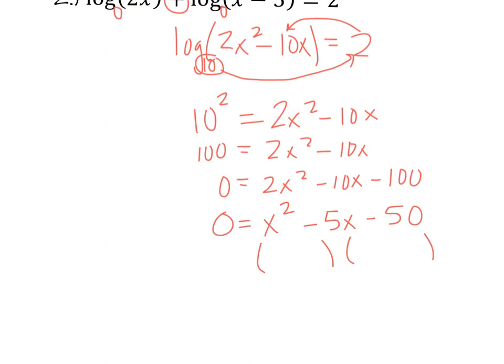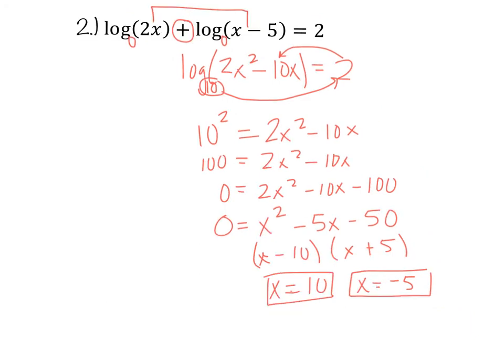And that is negative 10 and 5. So x minus 10 and x plus 5. So that when I set those equal to 0, I get x equals 10 and x equals negative 5. We're going to check and verify that those answers do work.